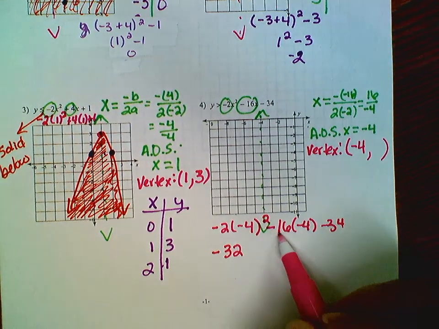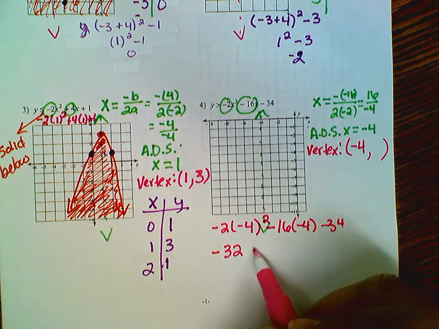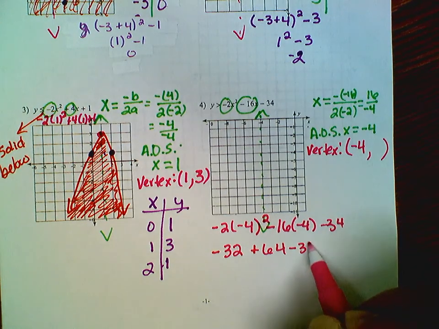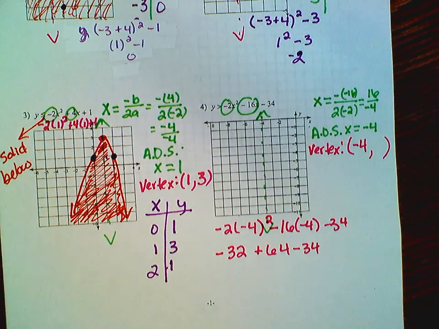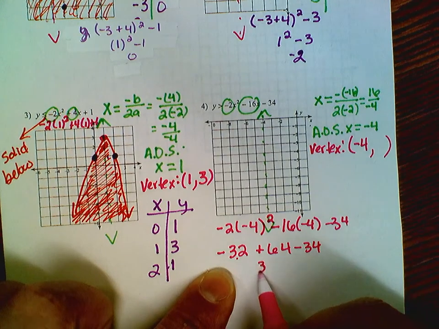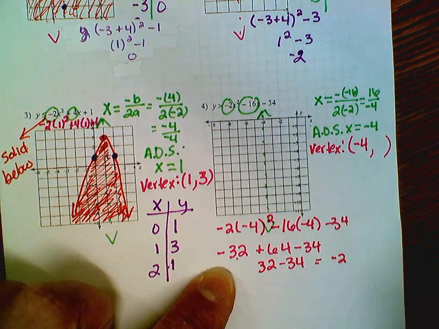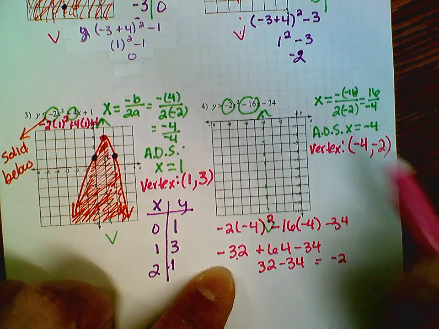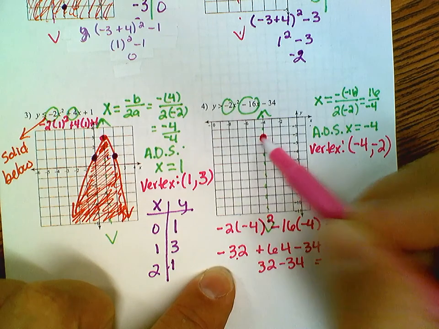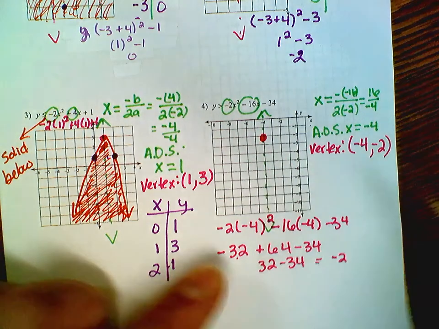And here I have negative 16 times negative 4, which is a positive 64, and then minus 34 here. So negative 32 plus 64 is 32, minus 34 gives me negative 2. So there's my vertex, negative 4, negative 2. The negative out front tells me it's opening downward, so it should look like this.